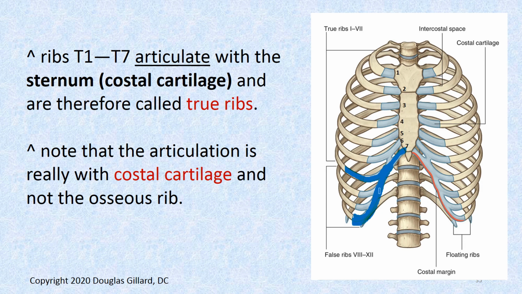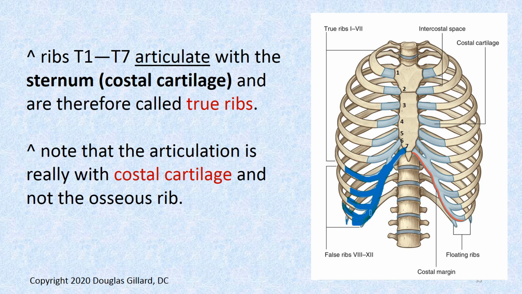So this is important. It kind of separates the thoracic cavity from the abdominal cavity. But this costal cartilage is really made up of rib 8, 9, and 10. Rib 11, there's the tip of 11. It doesn't touch anybody. In 12, they float. So those are called floating ribs.